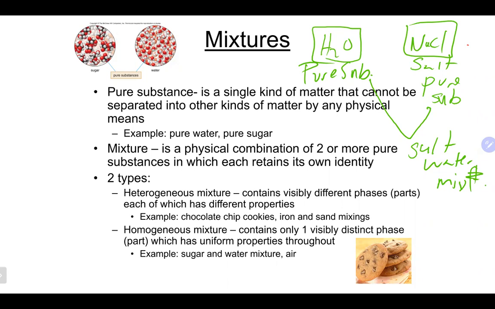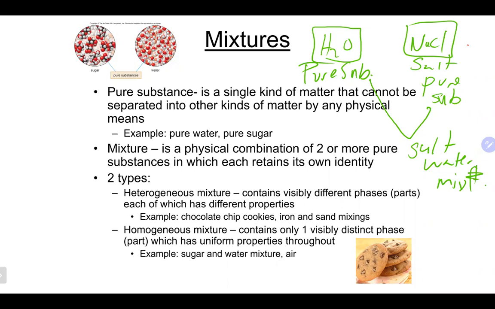Also, if you take some sugar and water and mix it, the sugar will dissolve in the water, and you don't see different layers. Everything looks the same. So our salt water is a homogeneous mixture, and the sand and water is a heterogeneous mixture.